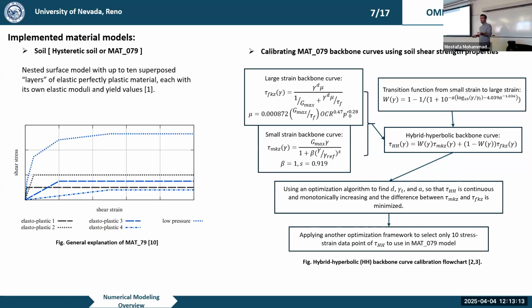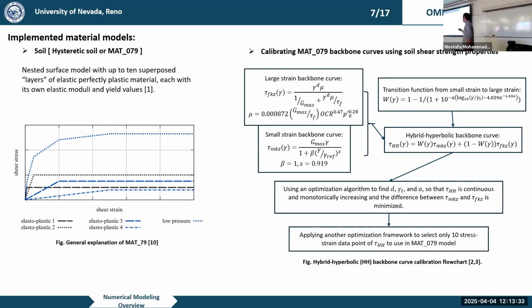It would be a good representative of soil because it can be degraded. We can degrade the stiffness of the soil by increasing the shear strain, which is what happens in reality. It also has some other features that we are not very concerned about right now. But the most important thing was that.